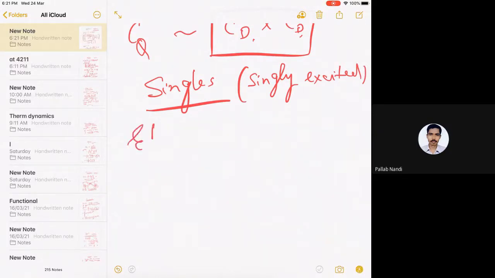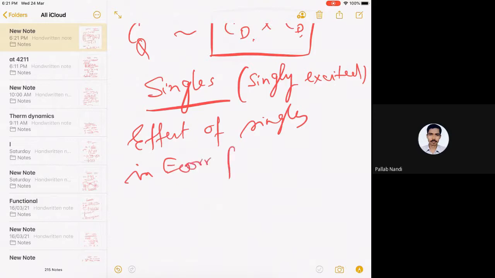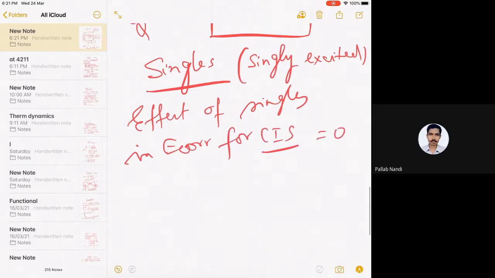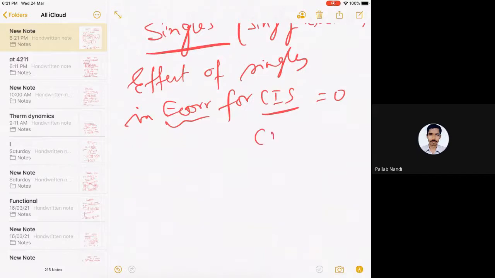Effect of singles in correlation energy for CIS only is zero. Please try to understand. That too, ground state correlation energy. Only for CIS it is zero. But as soon as you have CISD, there is an effect of singles. I told you why.